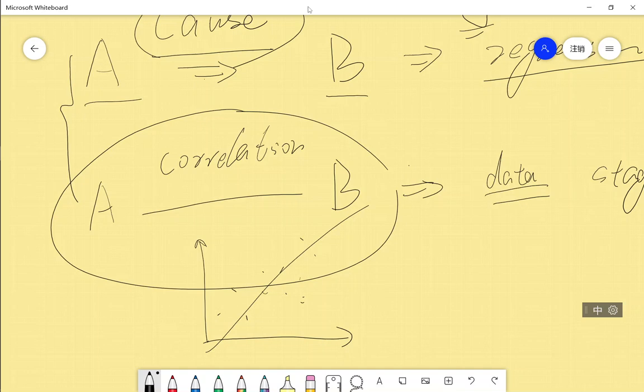A is low, B is also low, or A is low, B is high, A is high, B is low. You can just say that there is correlation between these two variables, but you can't possibly say that one is the cause of the other, and the other is the result.